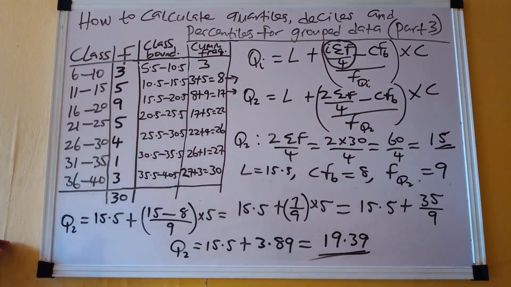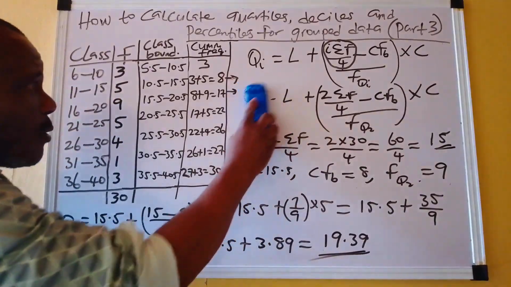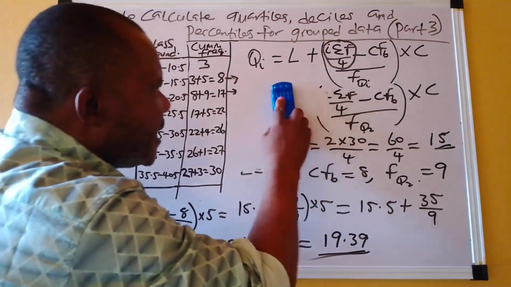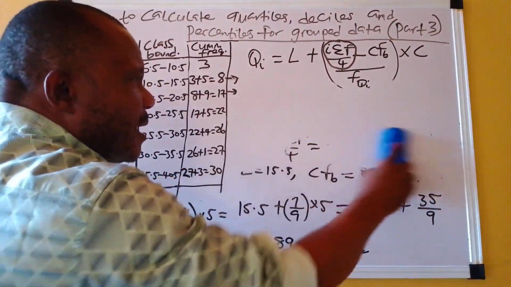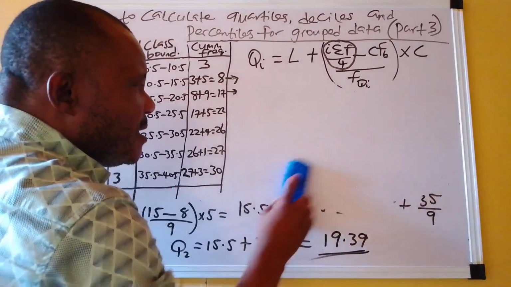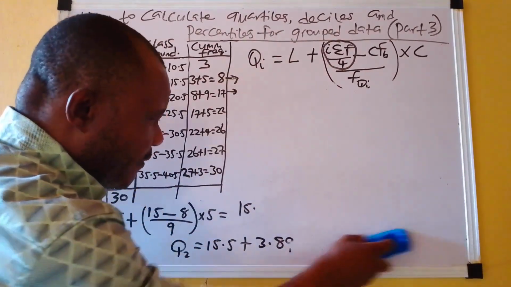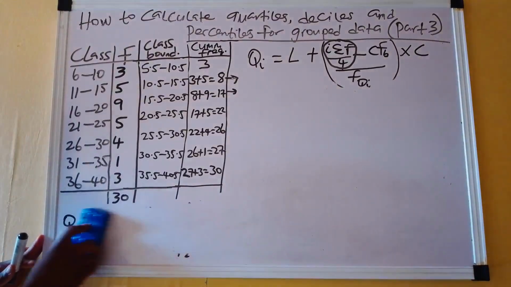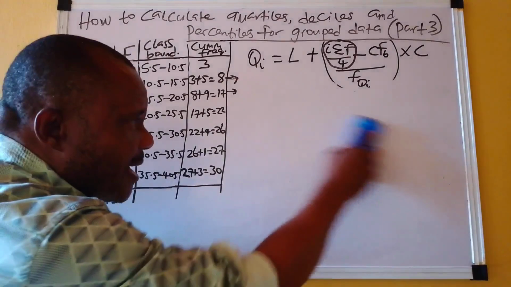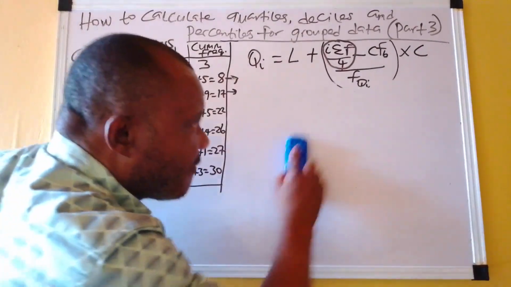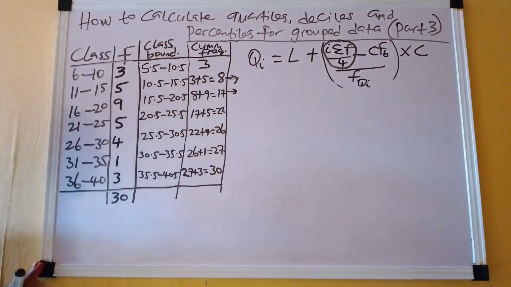Now permit me to go ahead and calculate our Q3, which is the third quartile. So I'll clean everything about the second quartile so that we can go ahead. I hope you are taking note of these measures of location, measures of position, the quartiles, the deciles, the percentiles for grouped data.